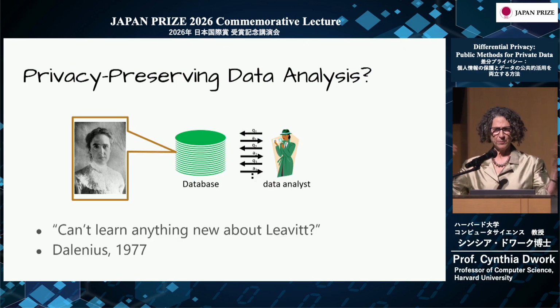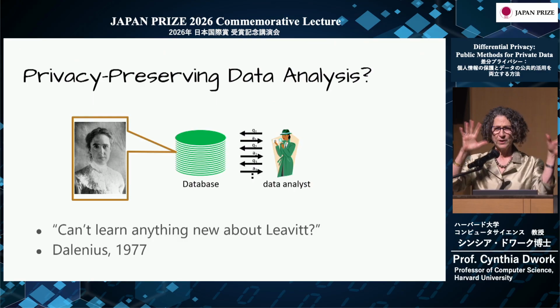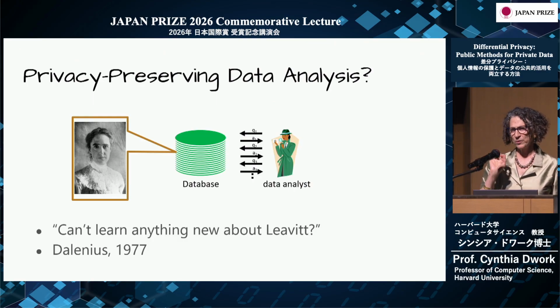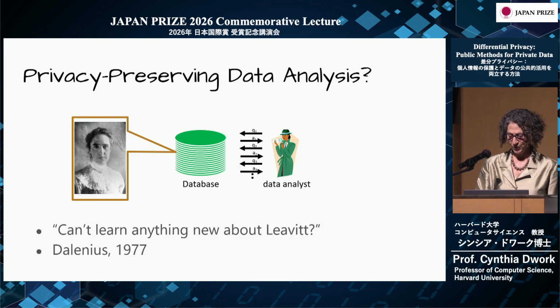So Leavitt might be a public figure, she might be an extrovert, there could be all sorts of information about her in the newspapers and so on, but by interacting with the confidential data set, the analyst shouldn't be able to learn anything that wasn't already public. So that might be a kind of guarantee that we would like to offer.